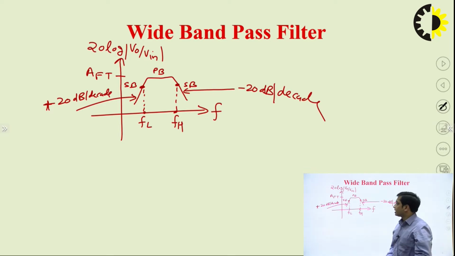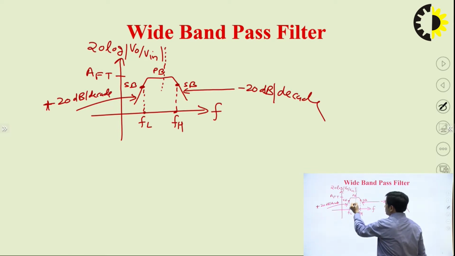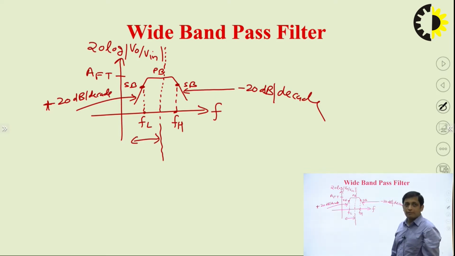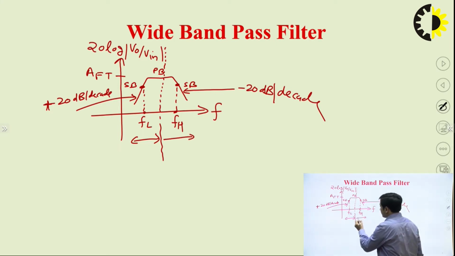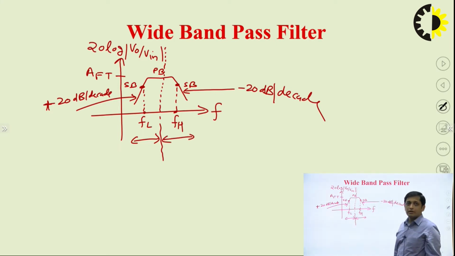So here we can see that this wide band pass filter is the combination of first order high pass filter and first order low pass filter. If we connect first order high pass filter and first order low pass filter in cascade, then it becomes wide band pass filter. You can see that if I draw this vertical line, then the left side is the frequency response of the high pass filter, and this one is the frequency response of the low pass filter.